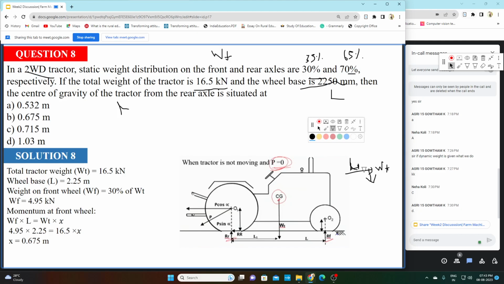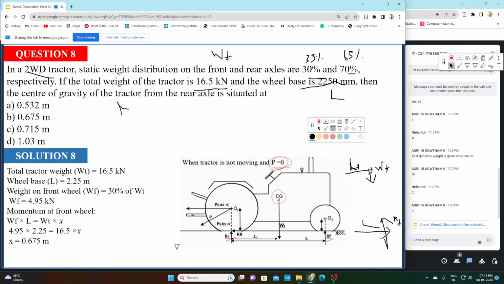Okay, and what about the other moment? The other moment is RF into capital L. The capital L direction is this, and the RF direction is the opposite, upward direction. So that moment will be going out of this plane.